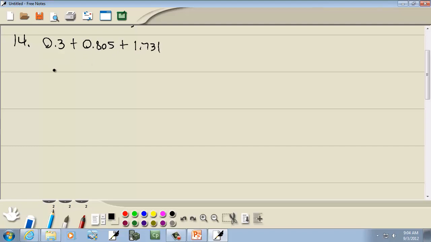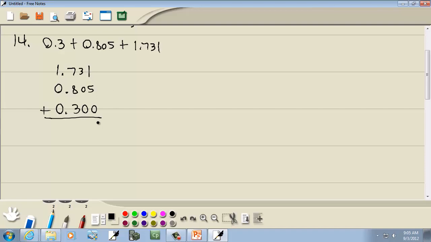Now this one and this one have the same, so I'll go ahead and put the 1.731 first. Then the 0.805. Now as I'm writing them down, I want to line up the decimal places. And then 0.3 right here. Then add. Now if it helps you, if you got one that doesn't have these digits over here, put zeros there.